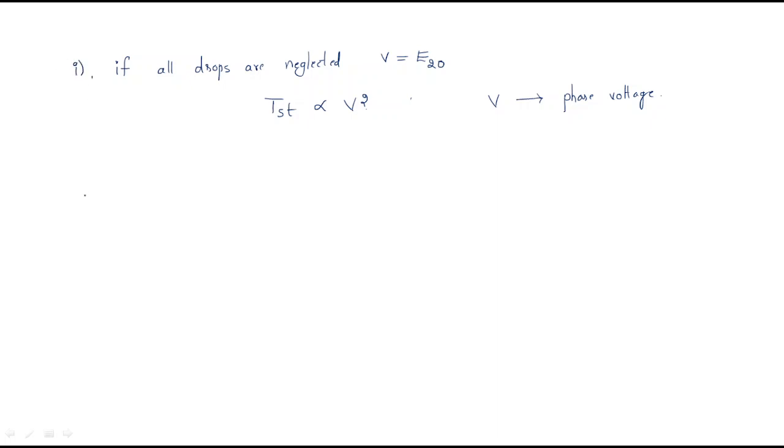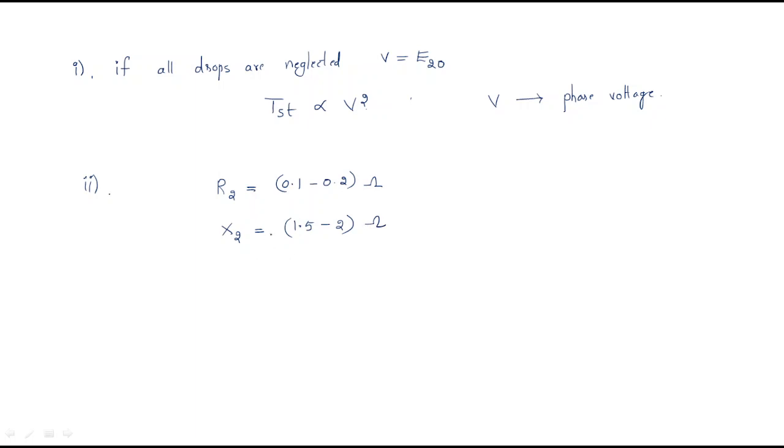If you go for the second observation, generally the rotor resistance R2 value is approximately 0.1 to 0.2 ohms, and the rotor reactance X2 will be 1.5 to 2 ohms.